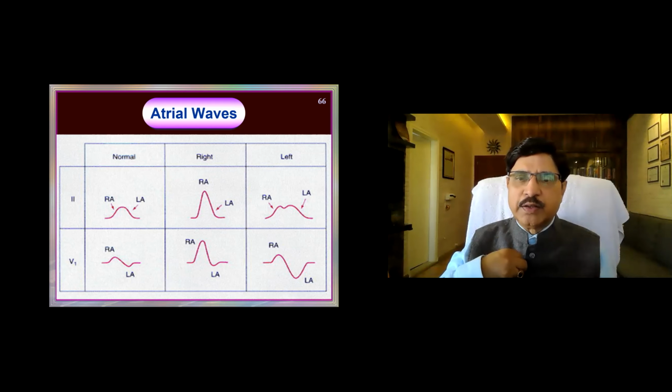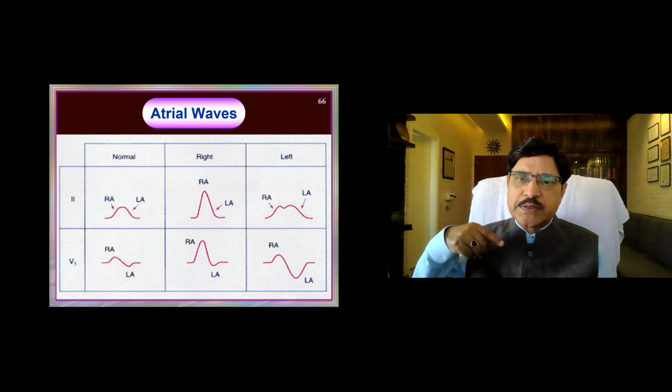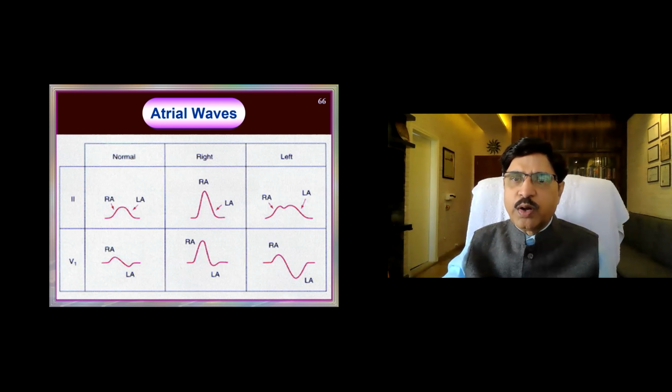V1 is directly on the atria, on the right side of the chest, right sternal border at the fourth interspace, right overlaying the atria, so it records. And L2, because the atrial impulse is more downward than leftward. The ventricular impulse is downward and leftward, but the atrial impulse is downward. So the best lead to look at is the L2 lead.